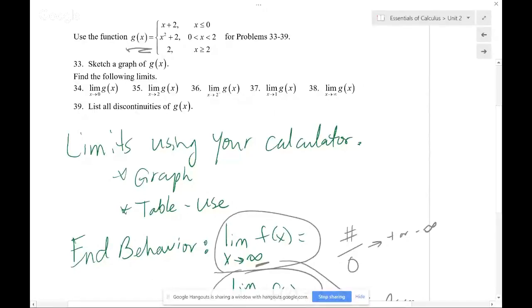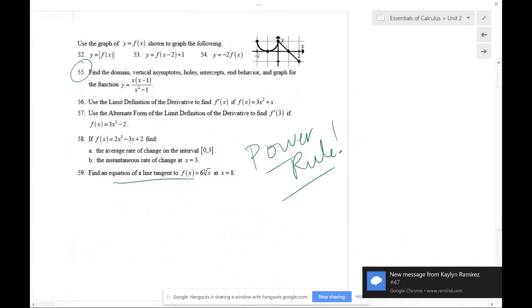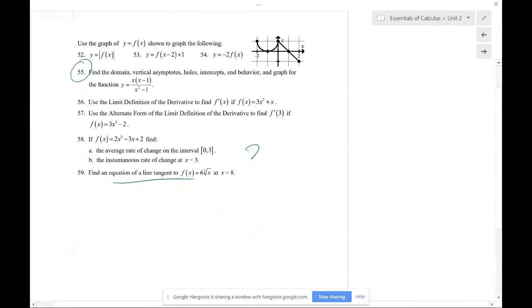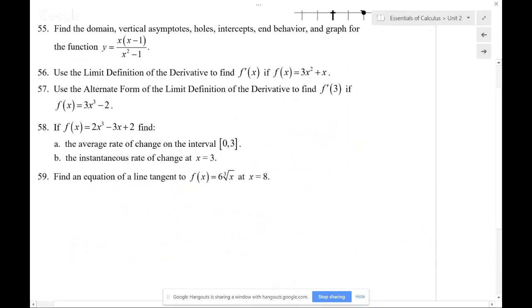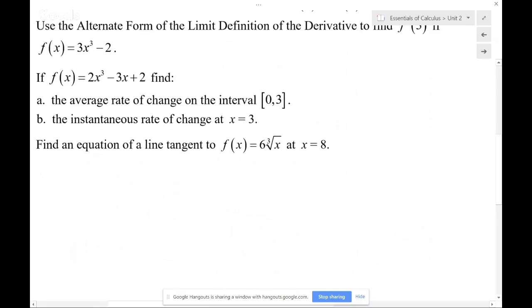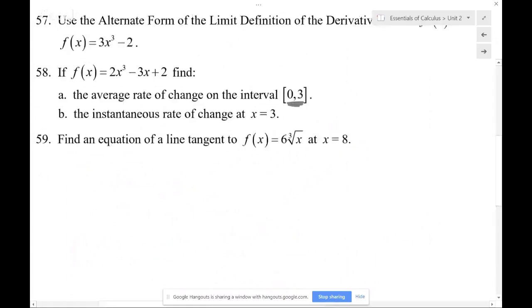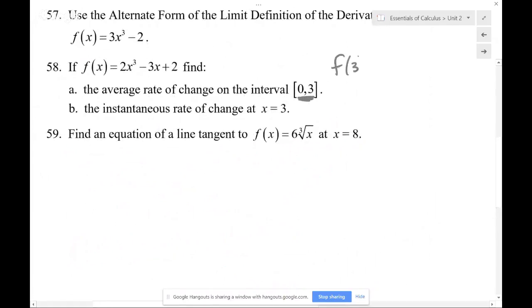All right, so here's 58. If f of x equals 2x cubed minus 3x plus 2, find the average rate of change and the instantaneous rate of change. So the average rate of change, you can always tell you're doing the average rate of change because you have an interval. So what we're going to do is we want f of 3 minus f of 0 over 3 minus 0.